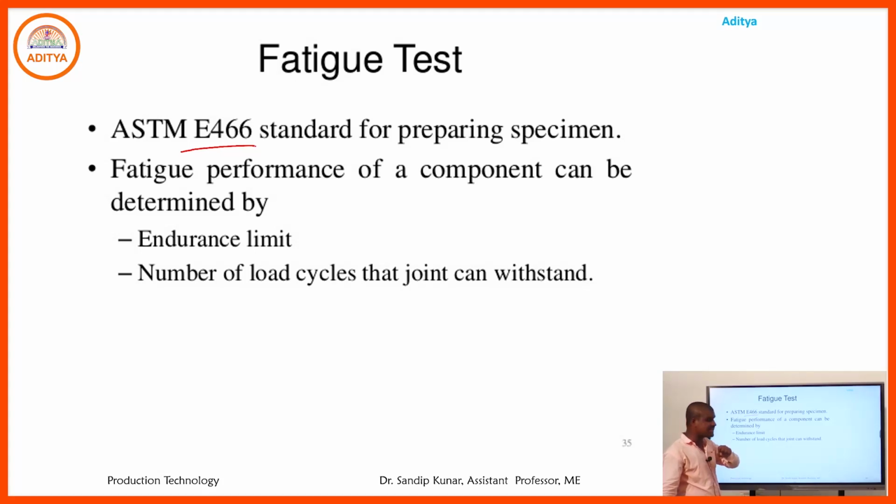Continuously we are striking that material, so due to continuous application of force, the material strength will deteriorate. After a certain time the material will fail. Fatigue means the material is going to be destroyed.